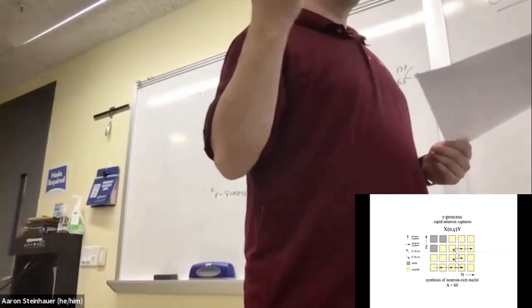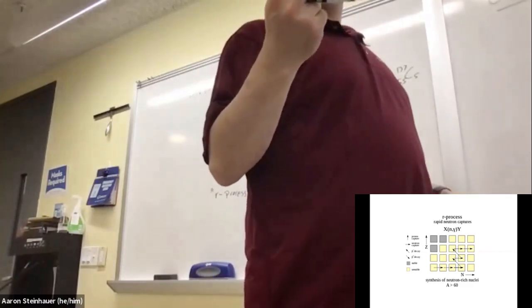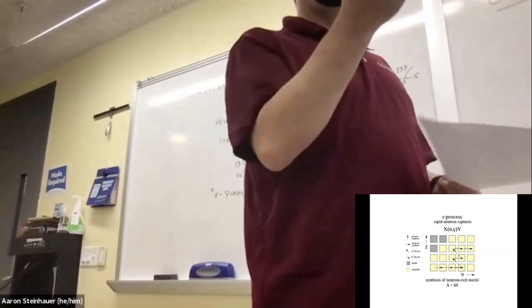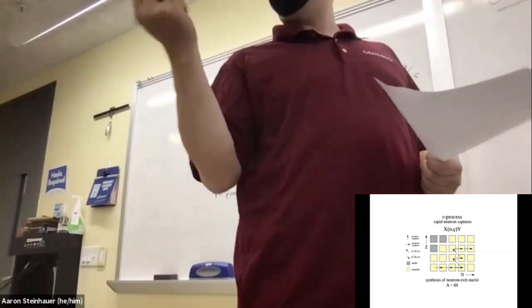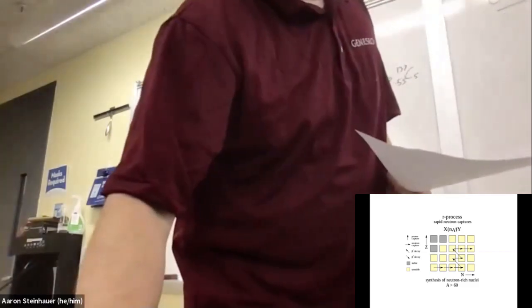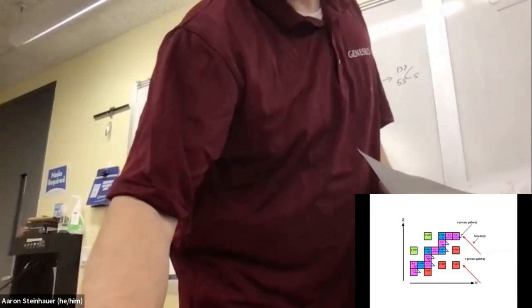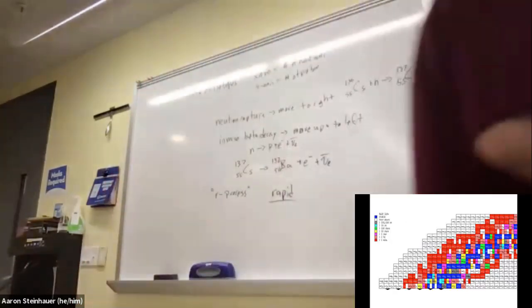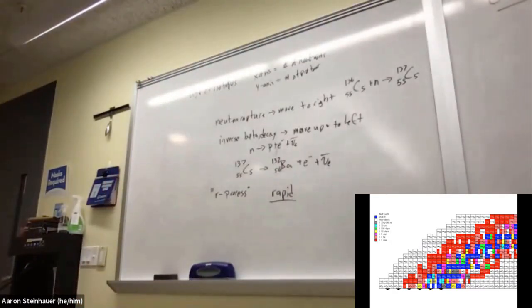But some elements can't be made this way. Some isotopes that we see in nature cannot be made this way physically. Why is that? So here are just examples of the half-lives of some of these elements.